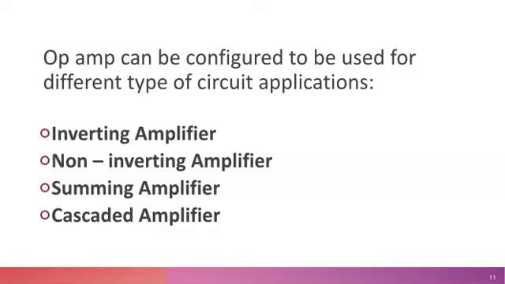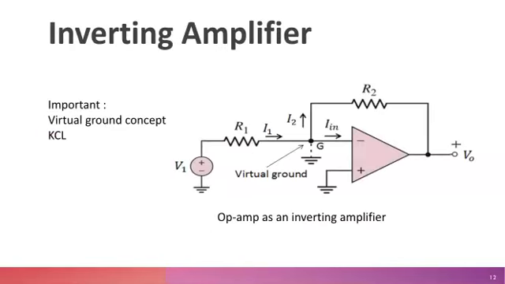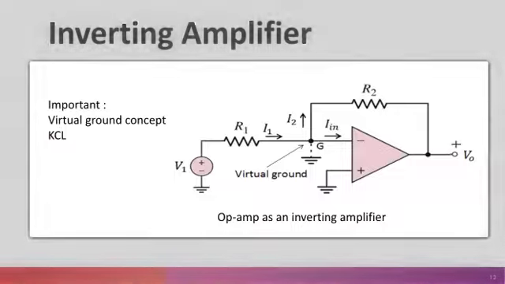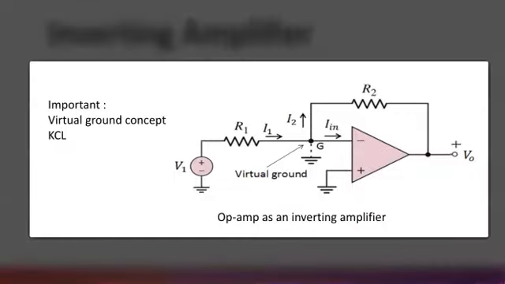The circuit for the inverting op-amp is shown here. This circuit has the output 180 degrees out of phase with the input and also provides a virtual ground.